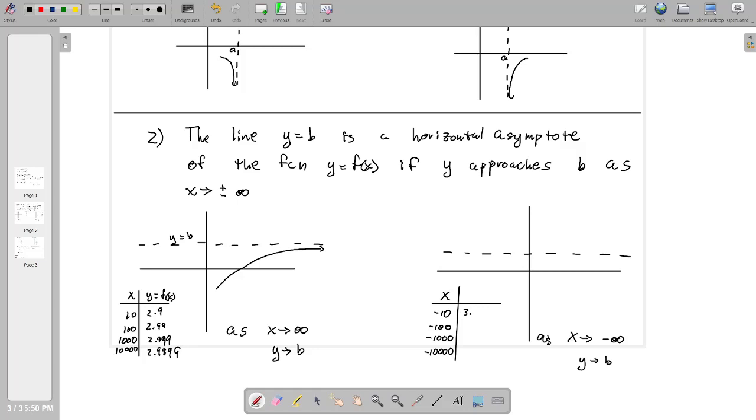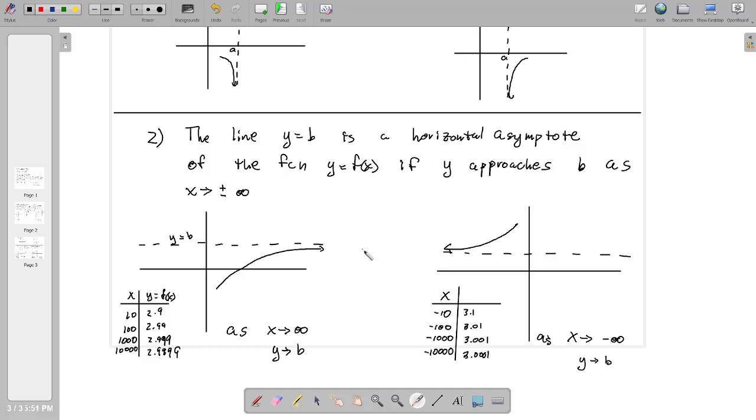Then this might be 3.1, 3.01, 3.001, 3.0001. And we would still have a horizontal asymptote because our y values are still approaching this b value. It's just our x values are going to the negative side instead. So we would have something that looks like this instead, where our y values are getting closer and closer to this line as our x values go to negative infinity.